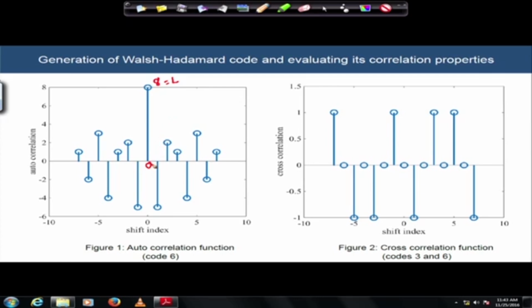In synchronization we are trying to synchronize two entities. In a spread spectrum system, if you want to synchronize the incoming signal with the code that is being locally generated at the receiver, then usually we compare the autocorrelation at lag 0 with some threshold. So in order to meet that requirement, the autocorrelation at lag 0 should be as high as possible.